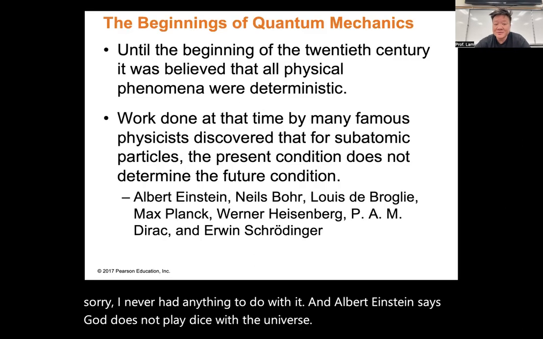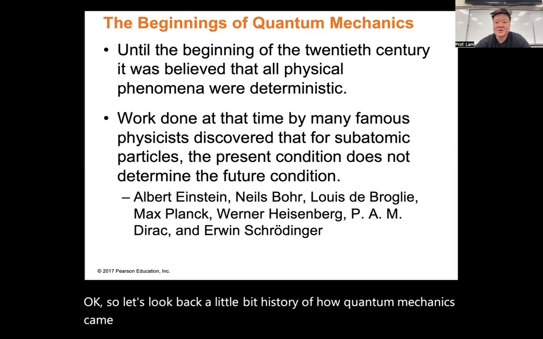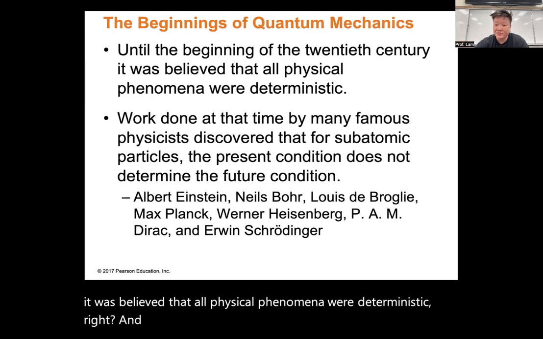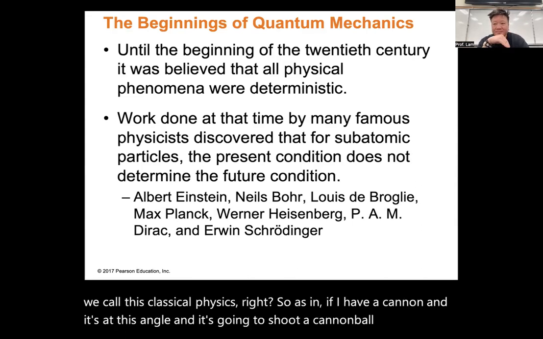Okay, so let's look back a little history of how quantum mechanics came about. So until the beginning of the 20th century, it was believed that all physical phenomena were deterministic, right? And we call this classical physics, right? So as in, if I have a cannon and it's at this angle and it's going to shoot a cannonball out at this speed, where will it land, right?